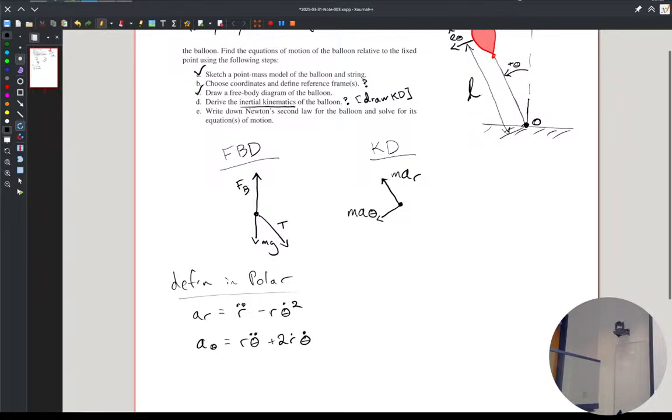What do you think? Its radius is constant. Yeah. The dots are d/dt.